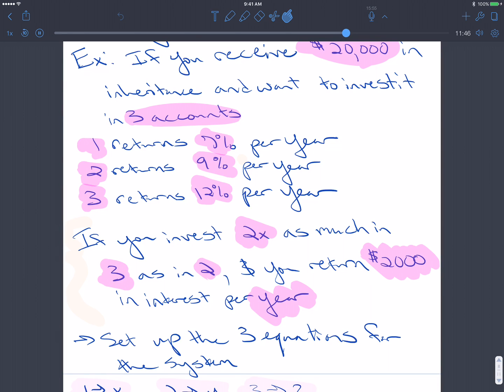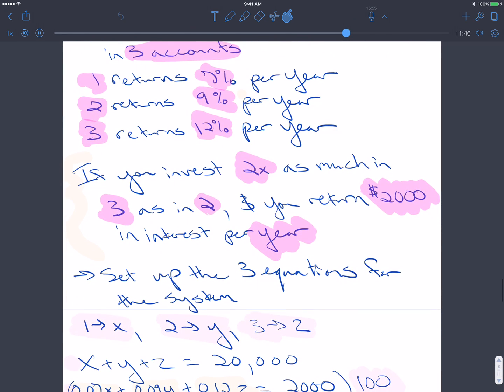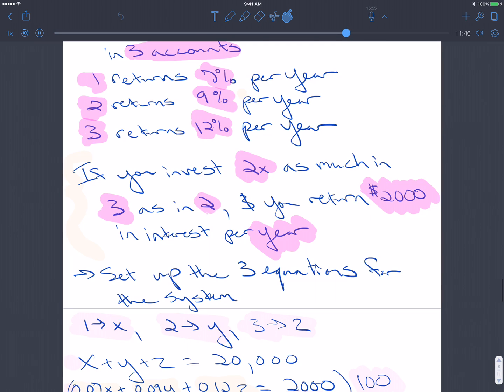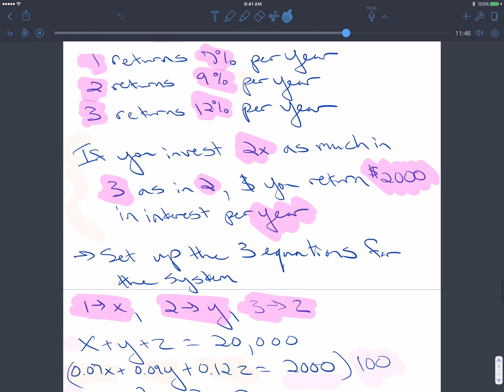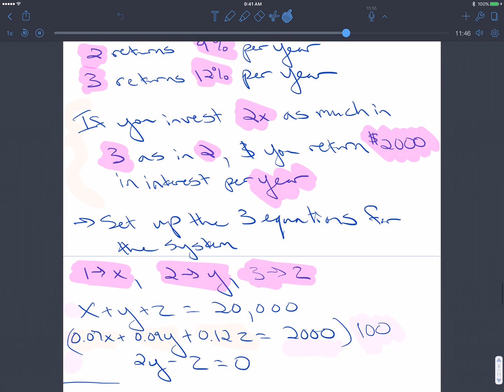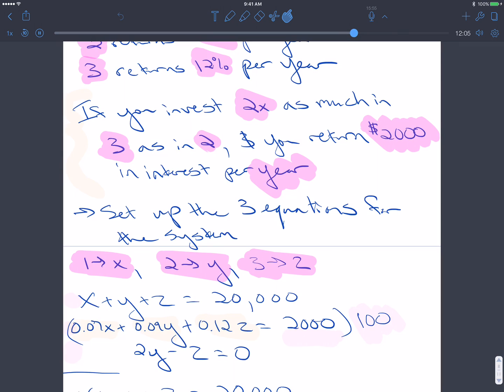This is not exponential, this is just linear. So you use your I equals PRT kind of model. Set up the 3 equations for the system. The money from the first account, I'm going to use x, second is going to be y, and the third account will be z. So I know that the sum of all of the money that's inherited is $20,000, so x plus y plus z will be 20,000. And I also know the percent yield for I equals PRT.